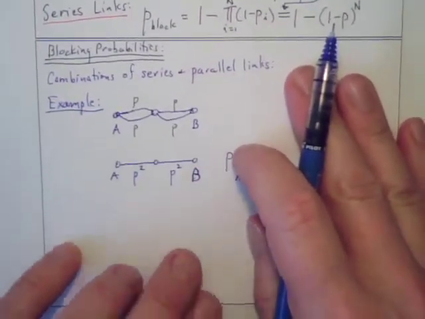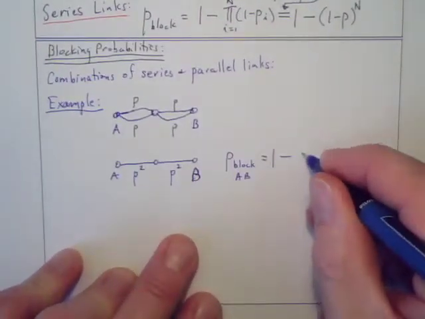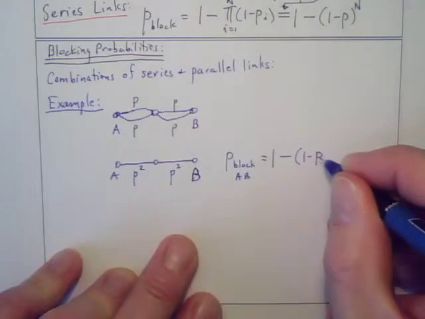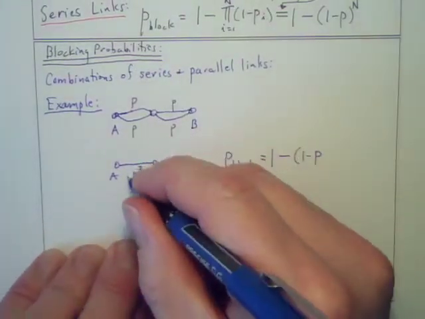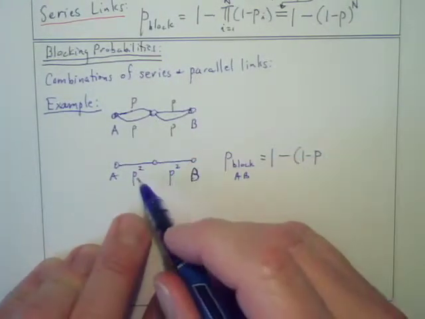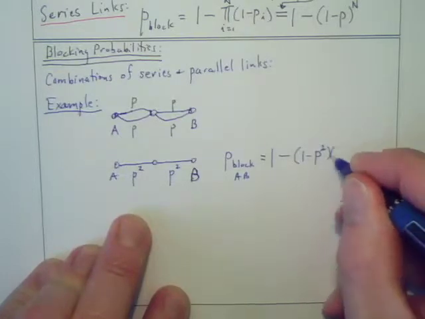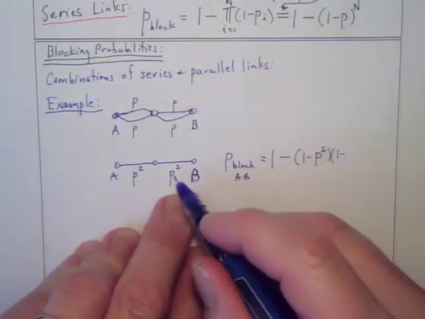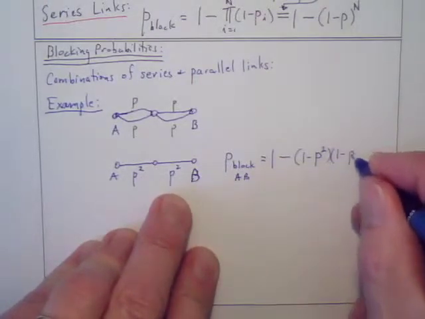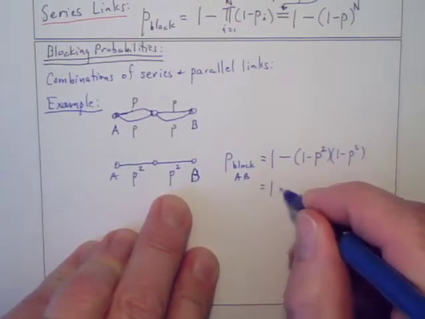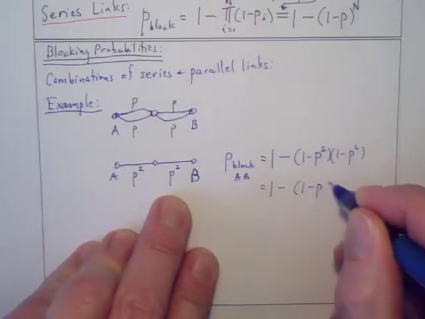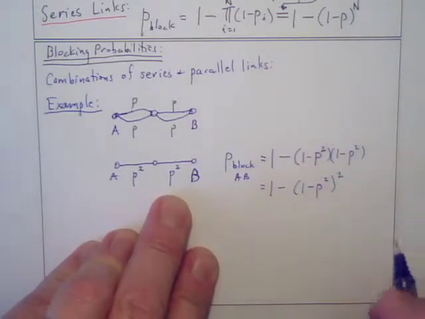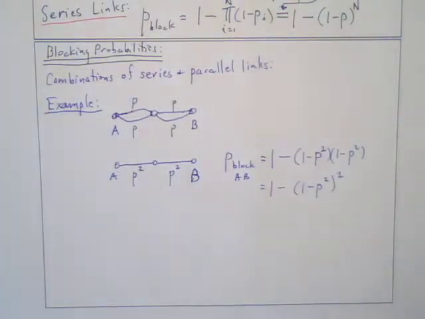And so here in this case we have 1 minus p1, p1 is p squared, and the product of 1 minus p1 and 1 minus p2. But p2 is p squared also. And so this is 1 minus the quantity, 1 minus p squared, quantity squared. So you can see the equation that we've derived in this simple case.